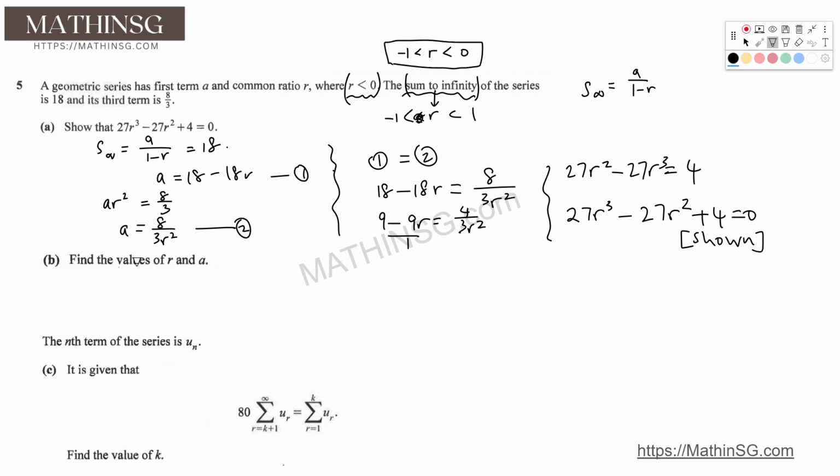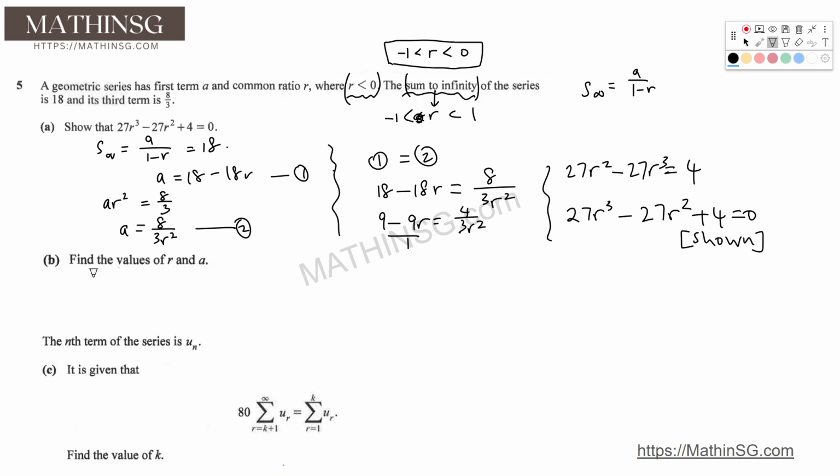Next, they ask us to find the values of R and A. First thing first, they didn't say we cannot use the graphic calculator, so we'll use the GC, or just your scientific calculator, to solve the cubic. Because we know that R is between -1 and 0, we reject any values of R that do not lie within this region.